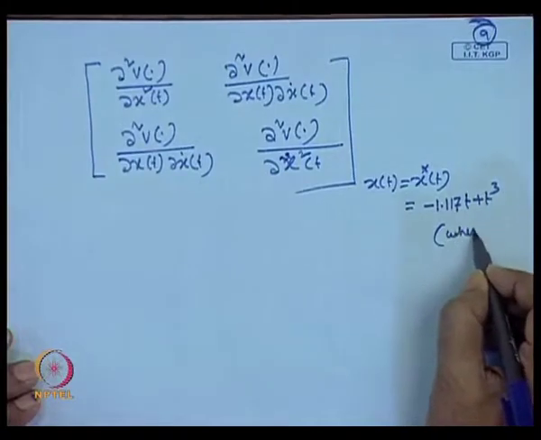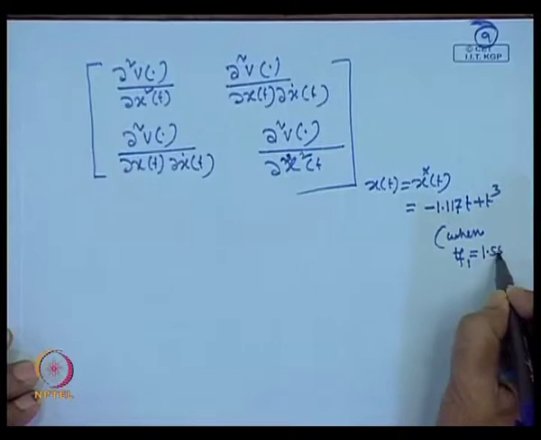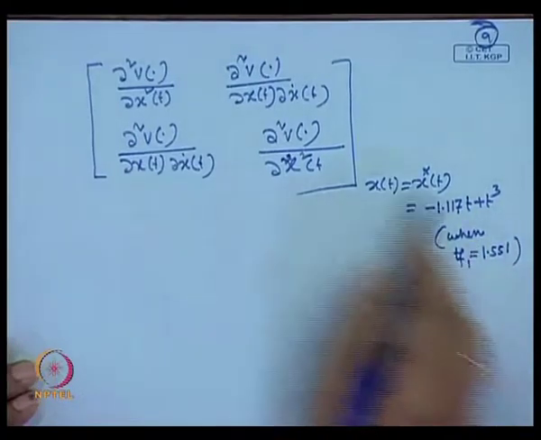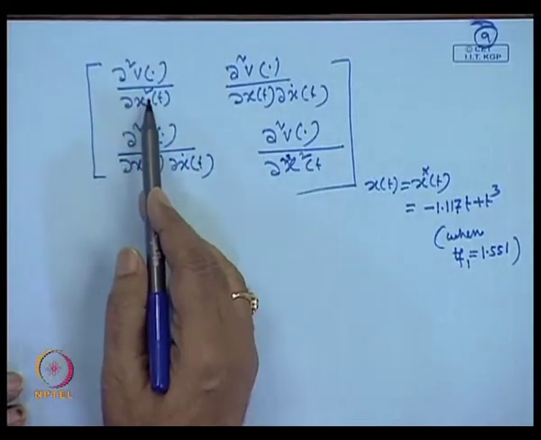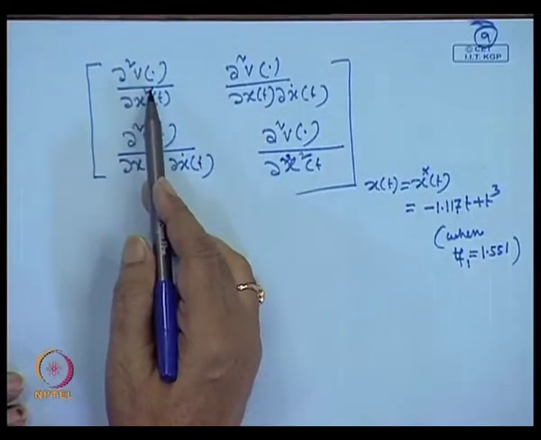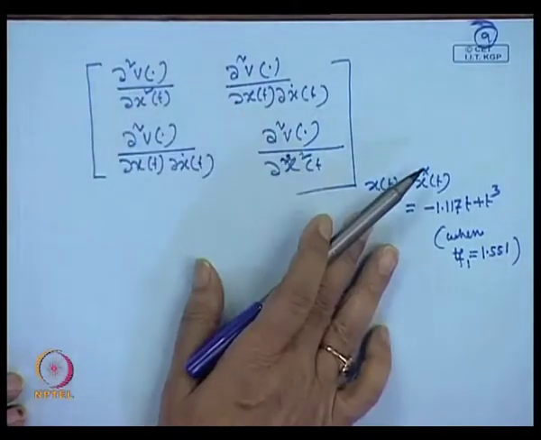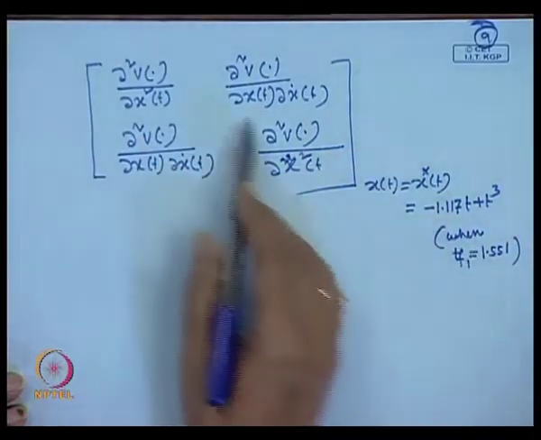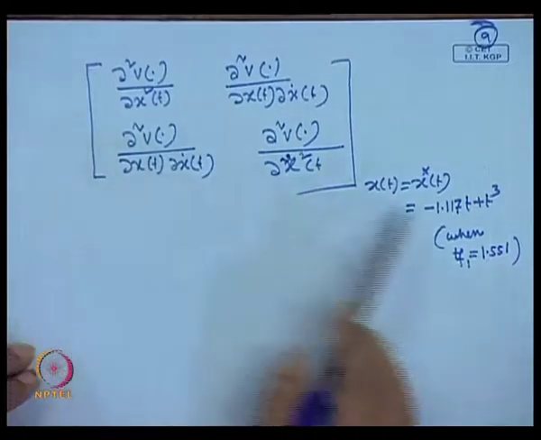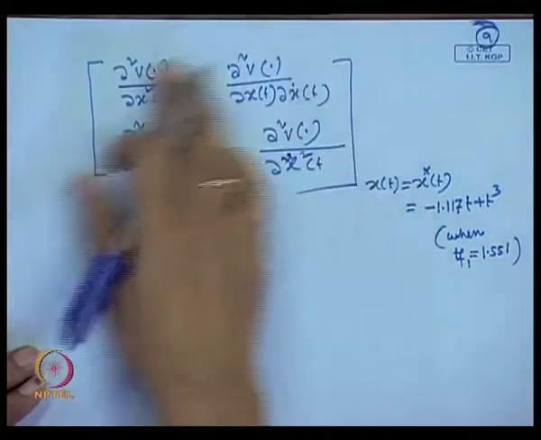So, you put these values, because in this expression you differentiate with respect to x to find the gradient, then once again differentiate, and wherever x appears, you put these values at x is equal to t f.